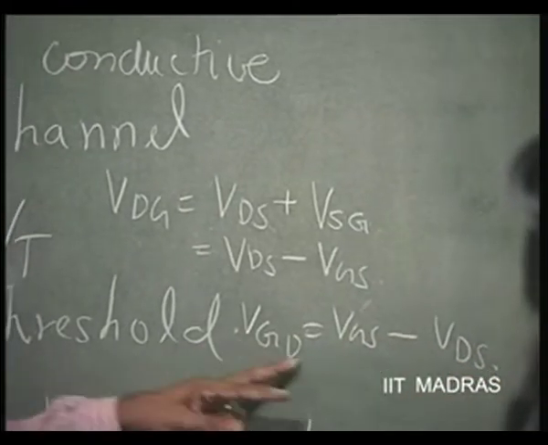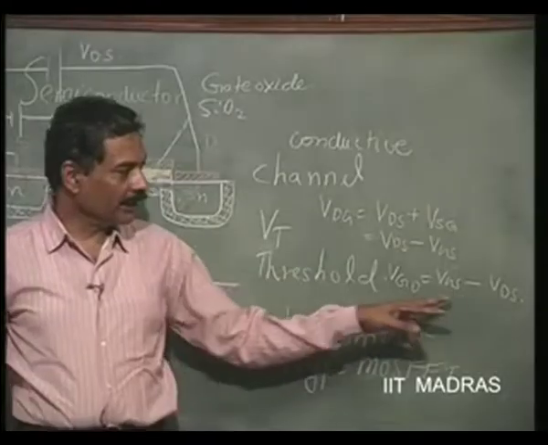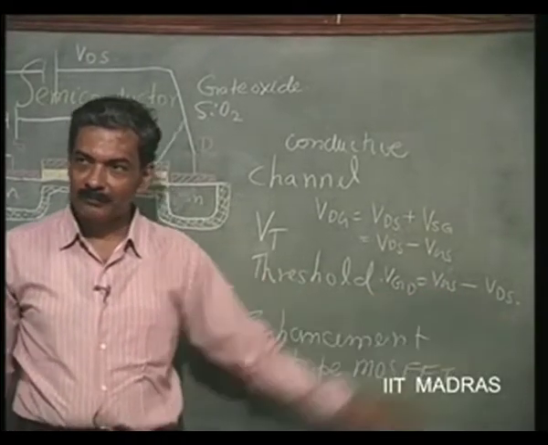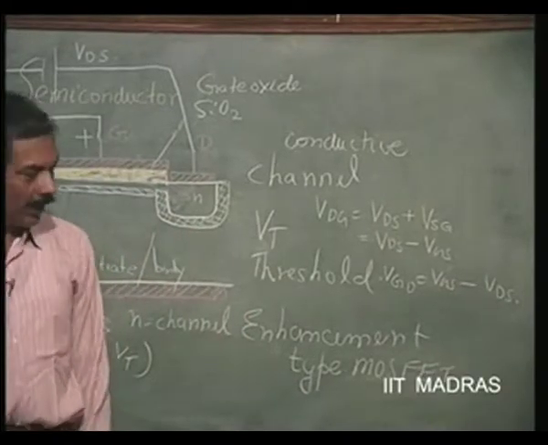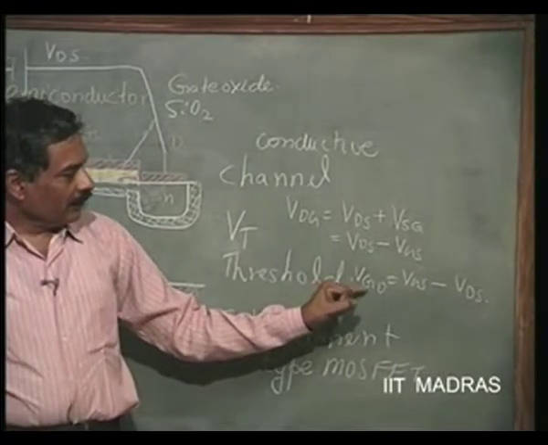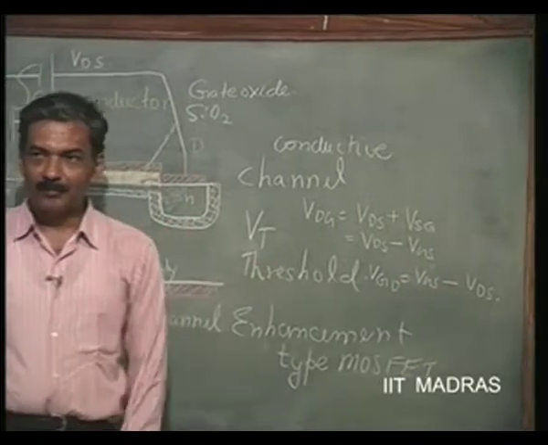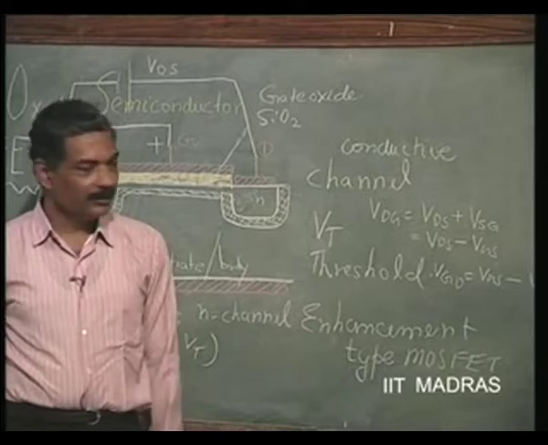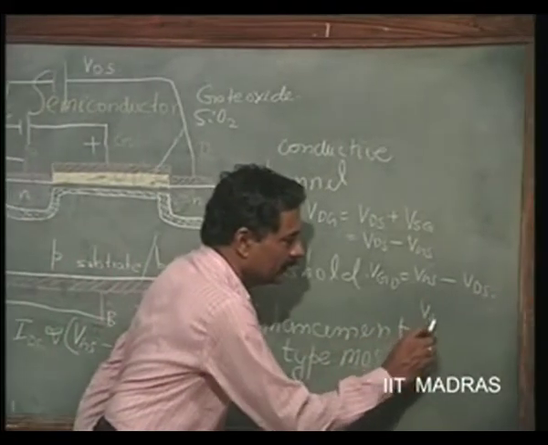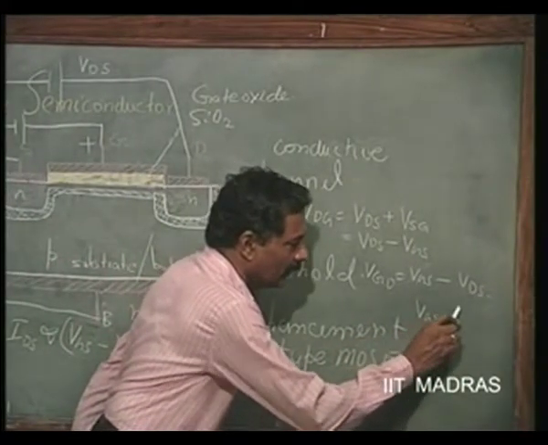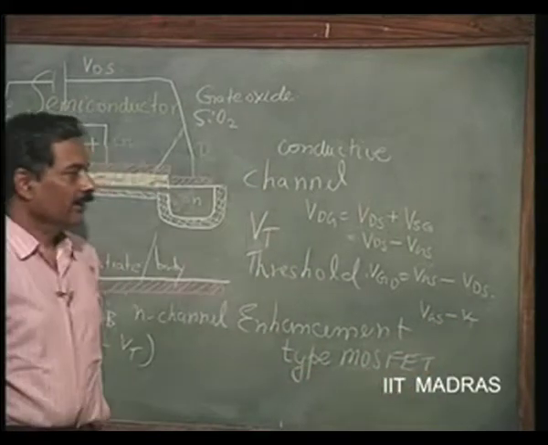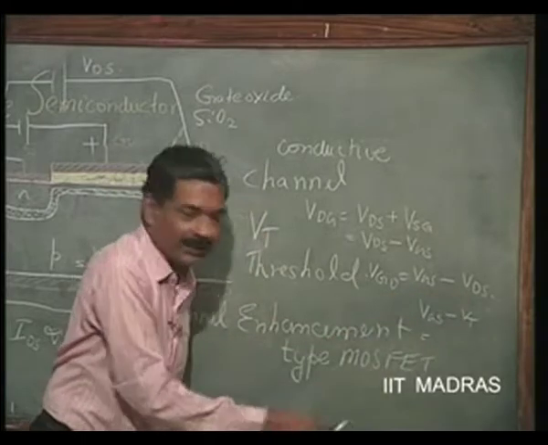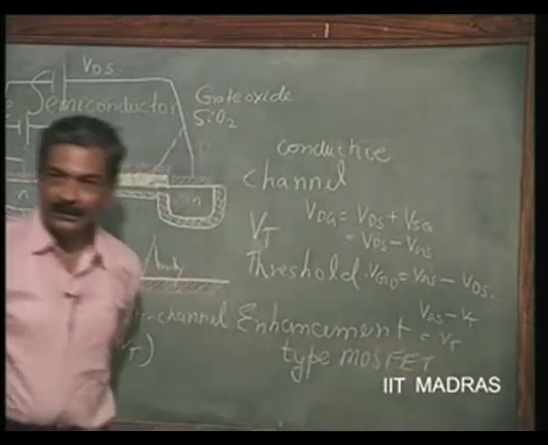So, same amount of voltage as VGS will occur as VGD if VDS is 0. Now, let us say VDS is increasing, it takes on a value which is VGS minus VT. Then what is VGD? This is equal to VGS will get cancelled, this will be equal to VT.